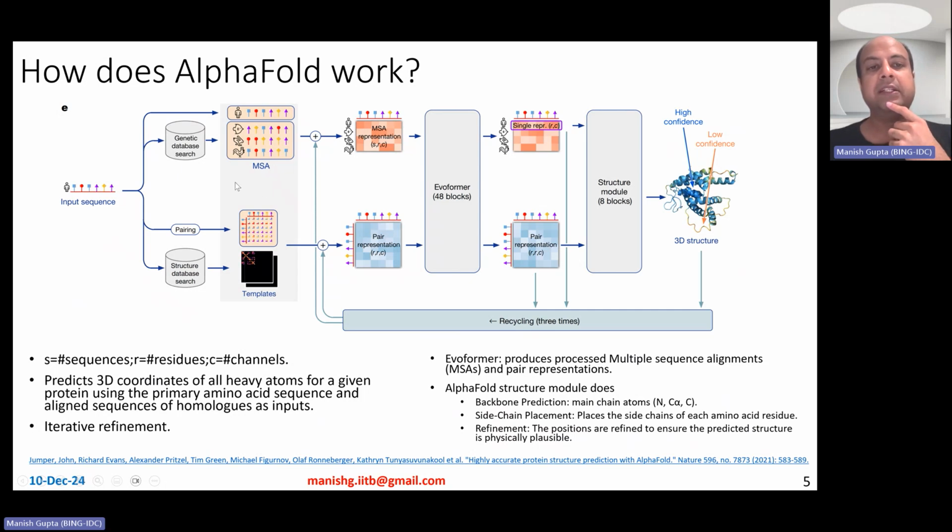Okay. Now you also take the sequence and search it on a structured database. A structured database is a database where you have the sequence and you also have its structure known. The atom structure, the 3D structure, is already known. So you take this sequence and do a structured database search.